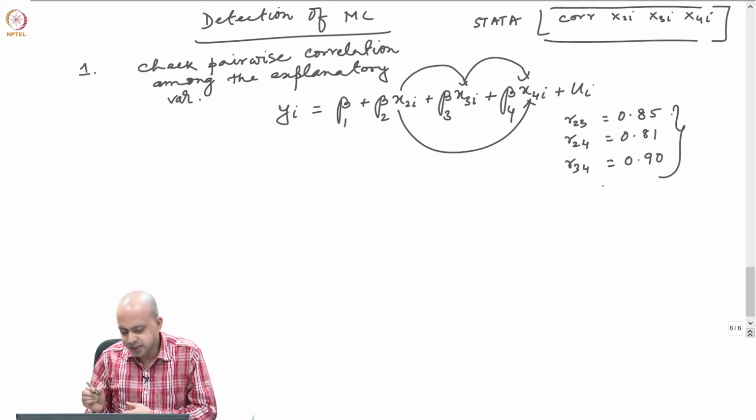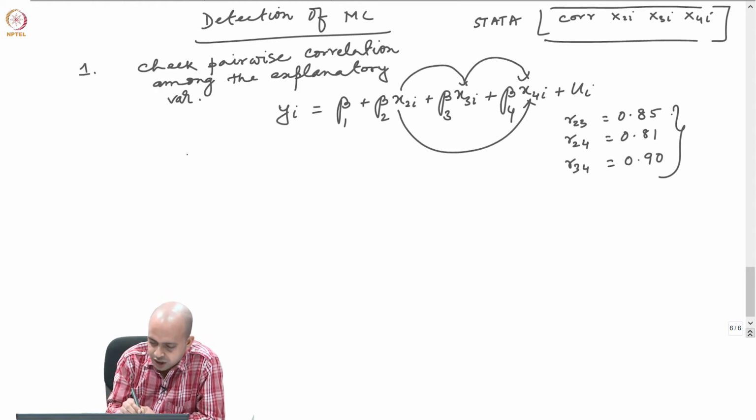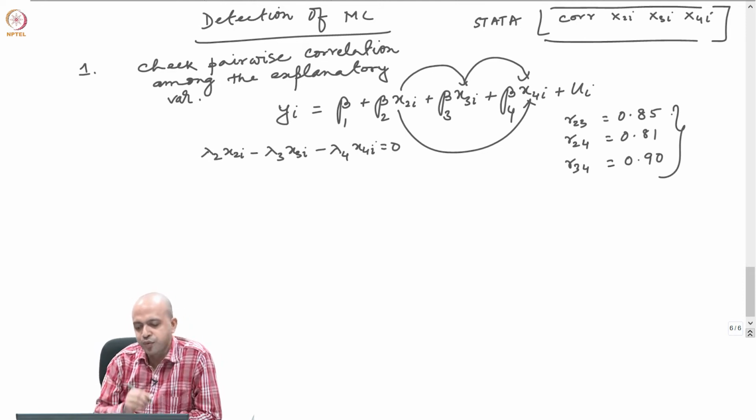For example, let us say I am assuming that x4 is highly correlated with x2 and x3, that means there is perfect linear dependence: lambda 1 minus lambda 2 x2i minus lambda 3 x3i minus lambda 4 x4i equals 0.